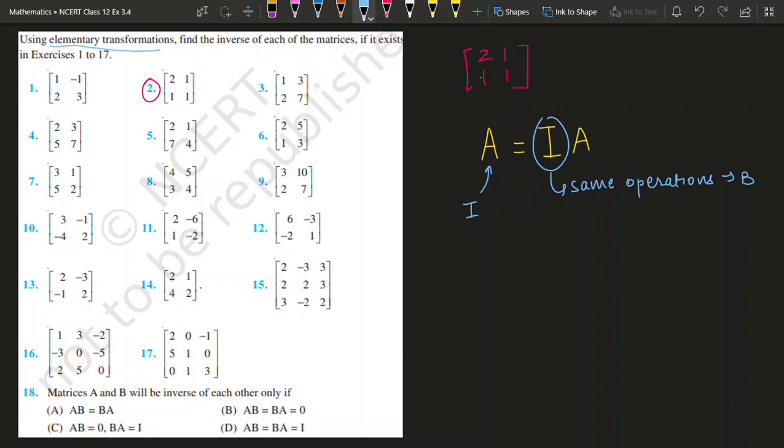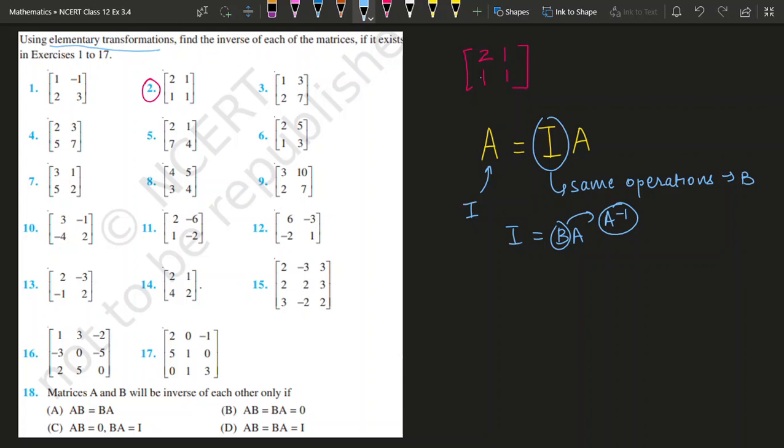It's like solving a linear equation. So in this case, you would get I equal to some matrix B times the matrix A. That just means that the matrix B is the inverse of the matrix A.